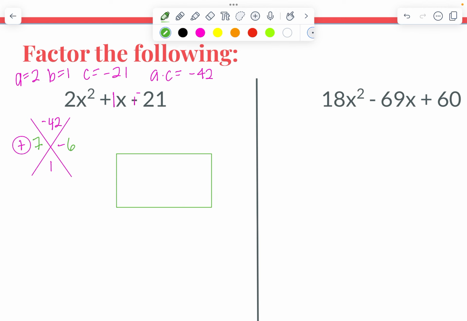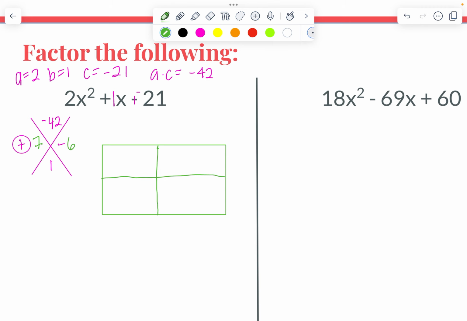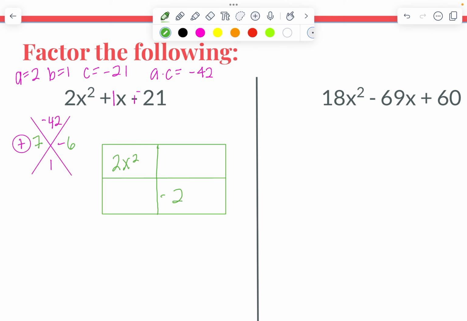So now putting them into my rectangle here. Again, our ax squared goes in the first box. Our c, negative 21, goes in the last box. And then we have 7x and negative 6x. Again, these numbers, 7x and negative 6x, are coming from my x here.